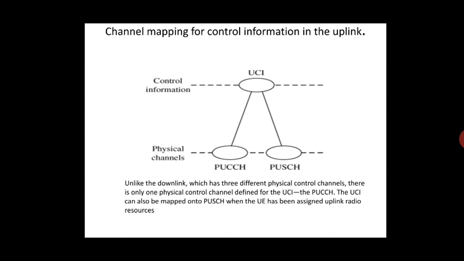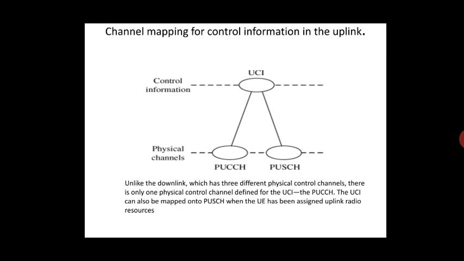In the uplink and the downlink, there are three different physical control channels. In the uplink there is only one physical control channel, the UCI, which controls two channels here. The UCI can also be mapped to the PUSCH when the user entity has been assigned uplink radio resources.